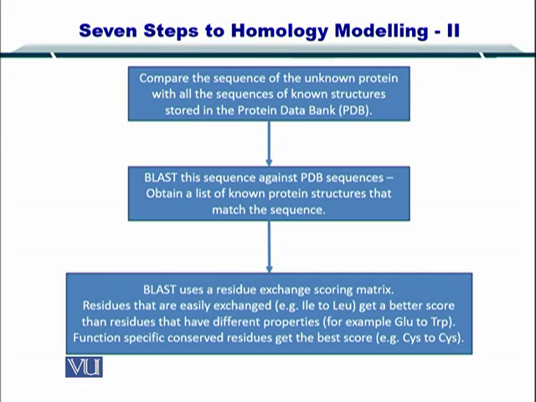Now, function-specific and conserved residues obviously obtain the highest score. So the highest score belongs to the functionally conserved residues, followed by the residues that are easily exchanged, and the lowest score goes to the amino acids which have totally different properties. So the BLAST algorithm gives you an overall score for the protein sequence comparison by looking at these amino acids.